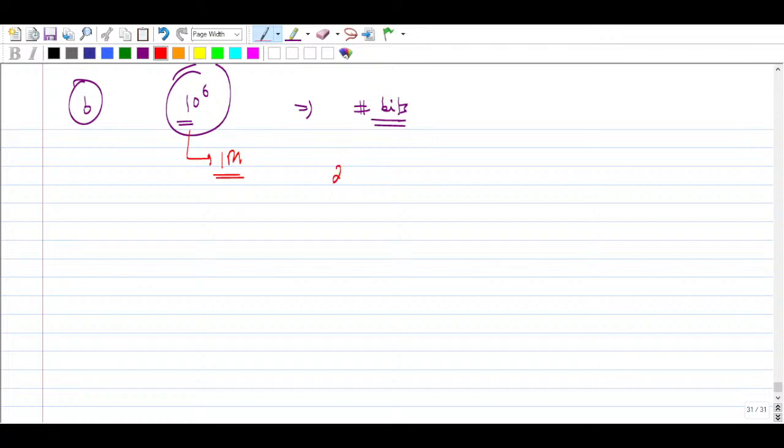So you can say 2 raised to power 10 is what? It is approximately 10 raised to power 3. Approximately, not exactly equal, because we know that 2 raised to power 10 is basically 1024. So we are just equating, it is approximate, right? Exactly it is 1024, but 1000 is near to 1024, right?